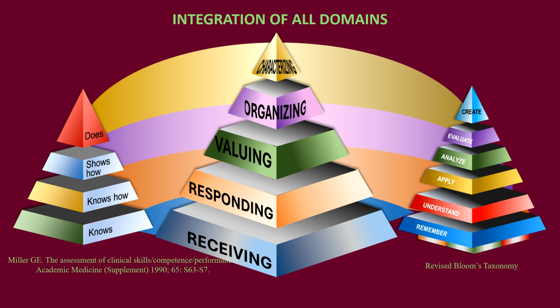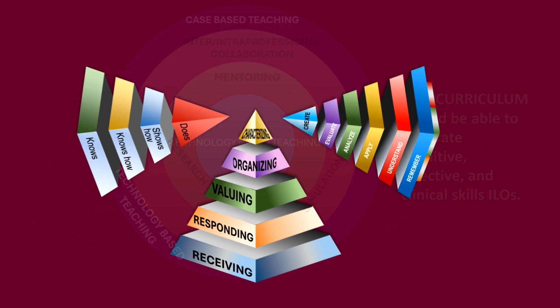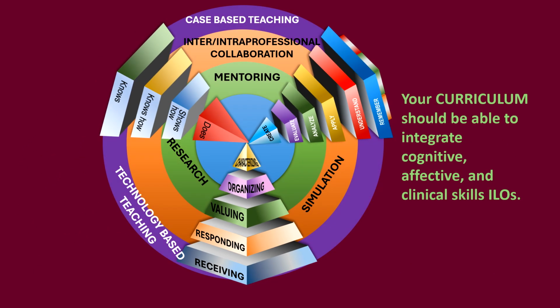But what is important is for you to remember that our outcome statement should actually be able to incorporate the knowledge, the affect, and of course the skill together in the statement.